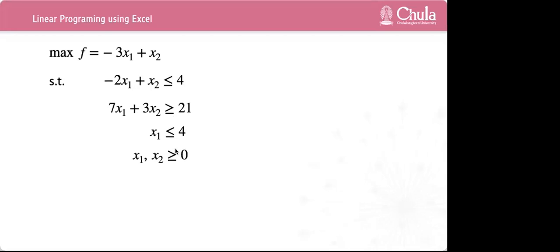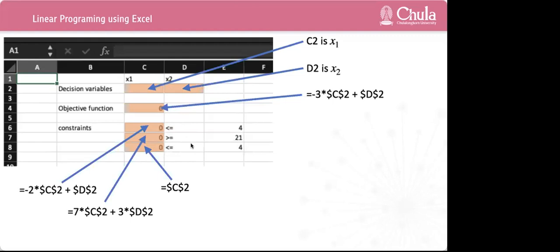If you want to use Excel, it's very simple. You open Excel and make sure that you install the solver in Excel. From the spreadsheet, you allocate the cell for your variable.